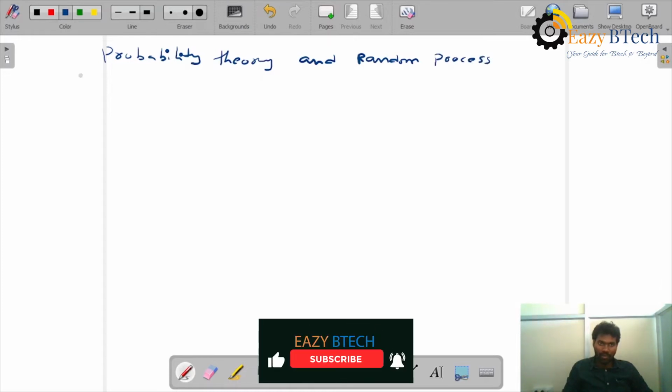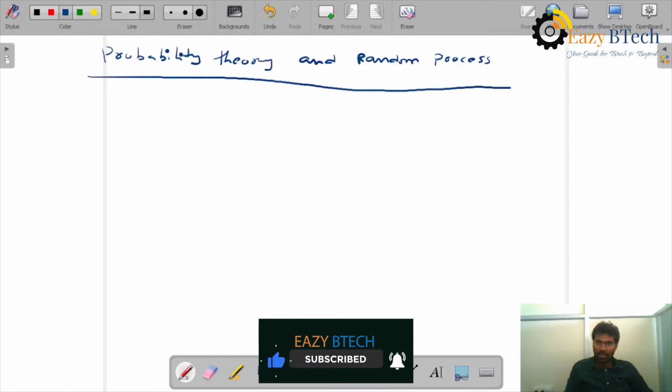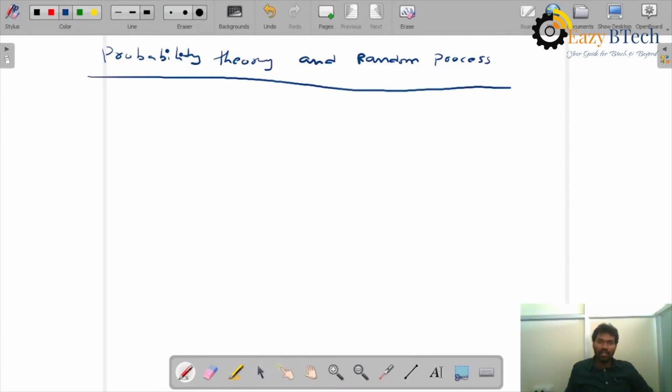Before starting the introduction to this subject, we have to know some basic definitions regarding it. The first definition we have to know is sample space.